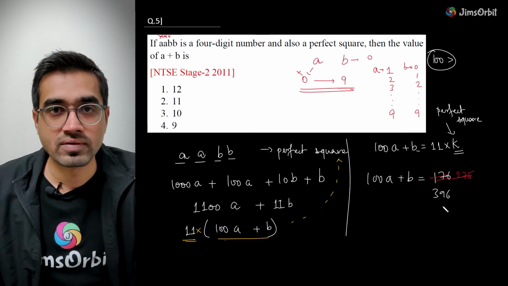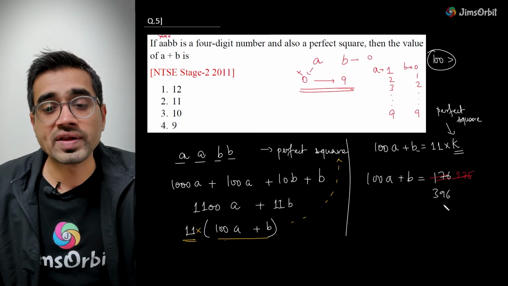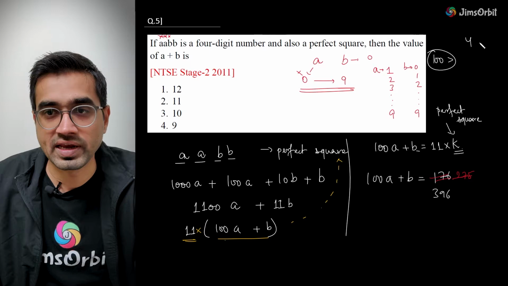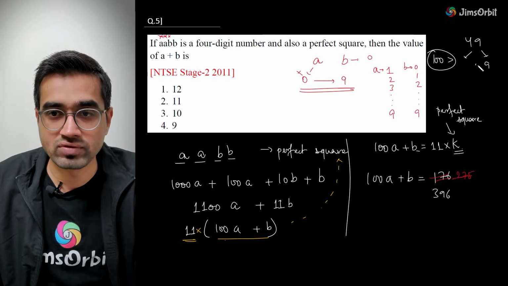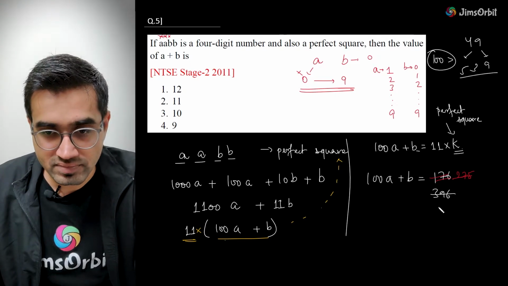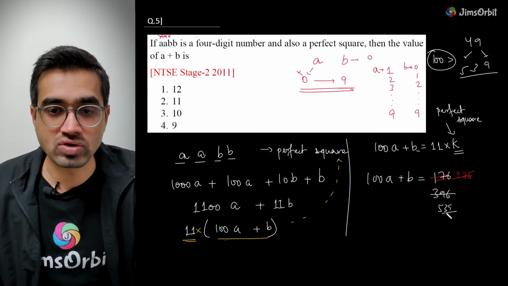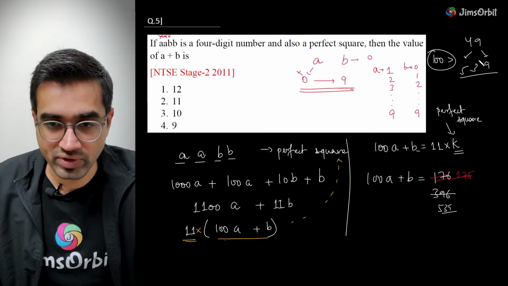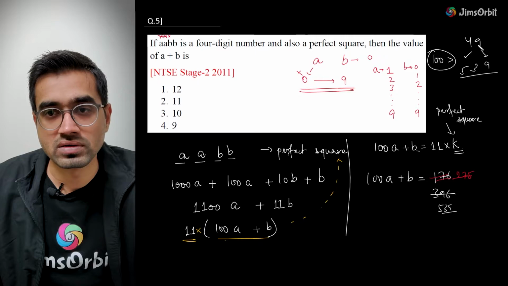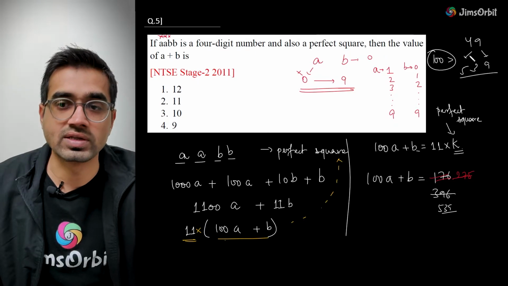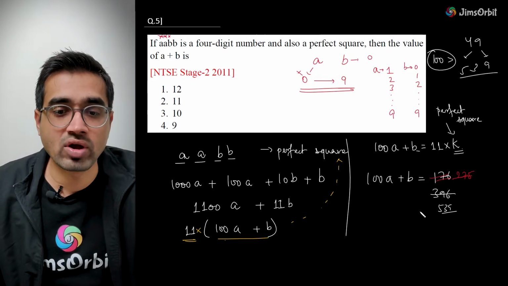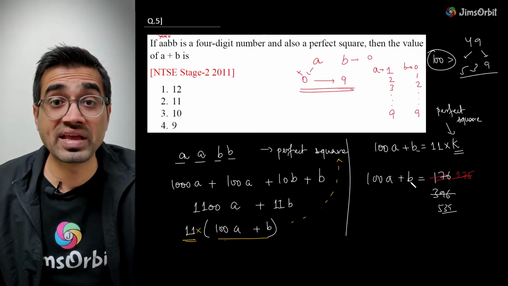Okay, 7 square is 49. Okay, 49 into 11 is how much? 49 into 11 is 539. Again, not happening, I think so. So 539 not happening, because if I put A as 5, I have to get B as 39.